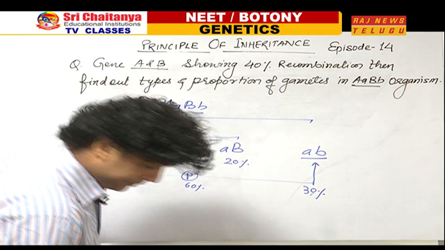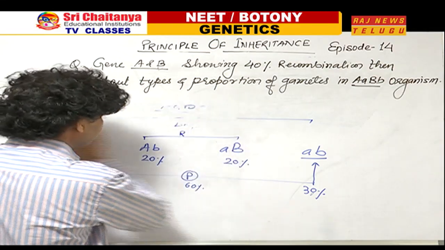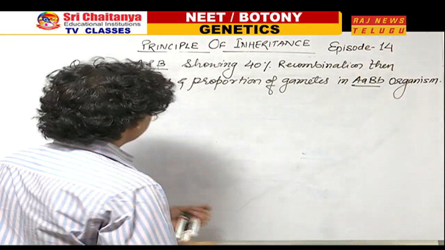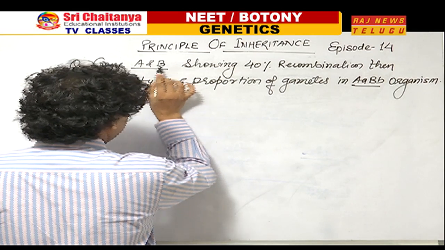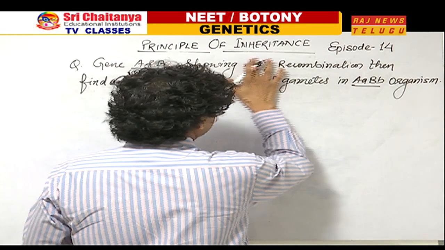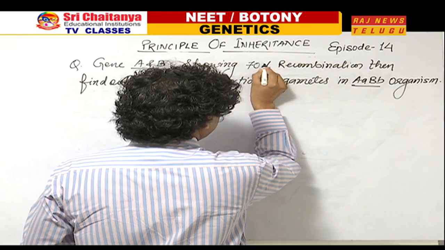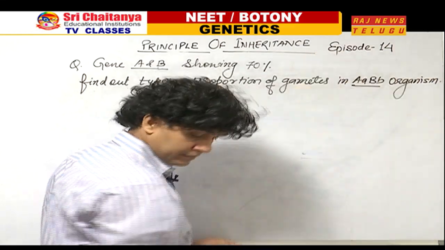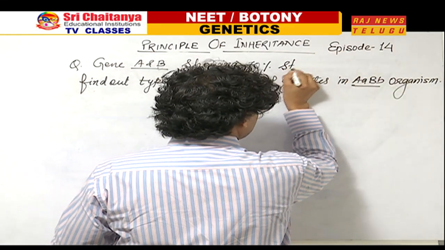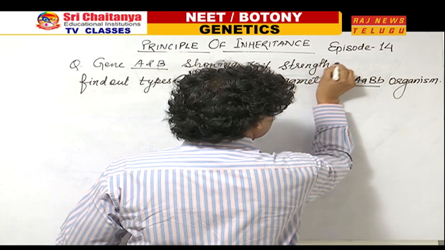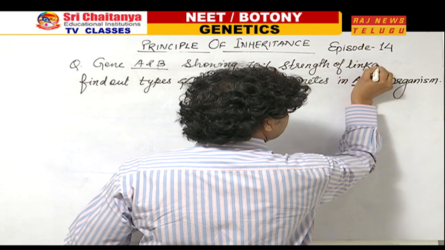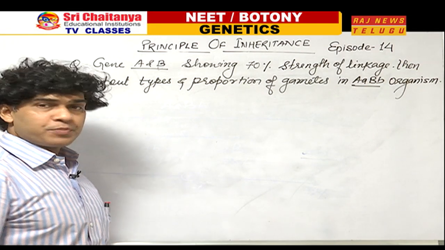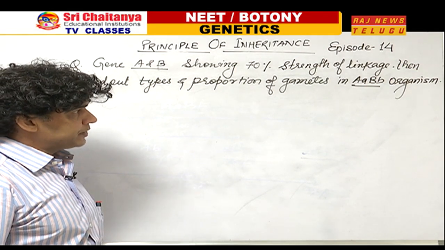In the same question, if I change the language, gene A and B showing 70% strength of linkage, then find out the types and proportion of the gametes in capital A, capital B, small b organism.